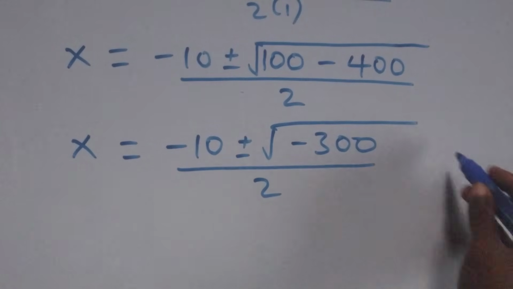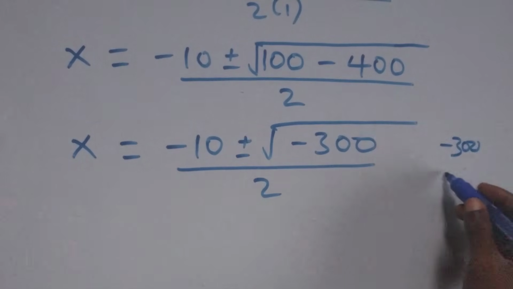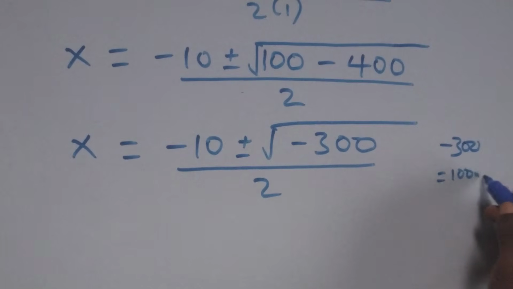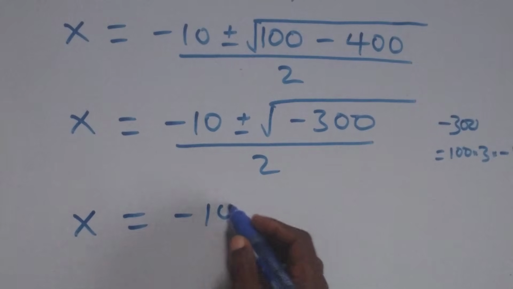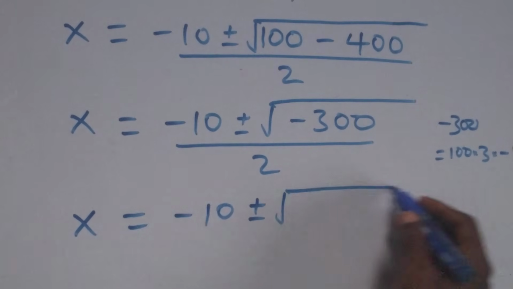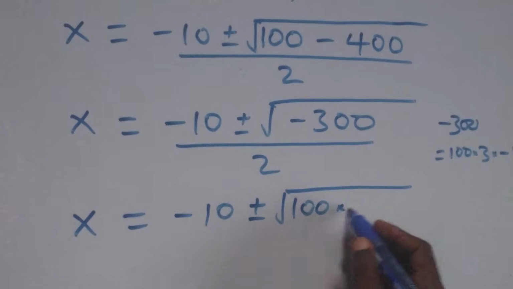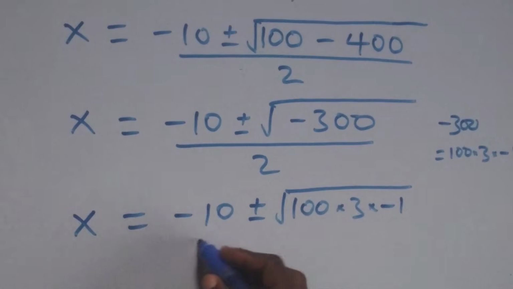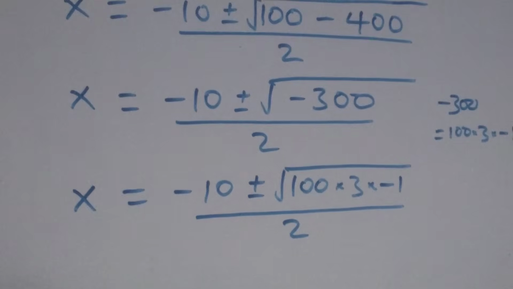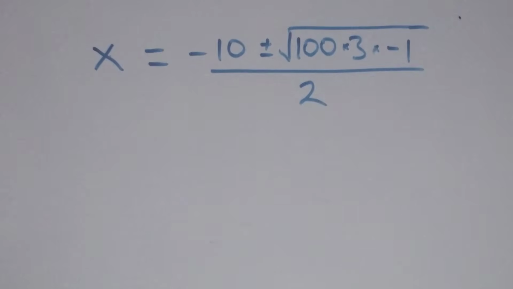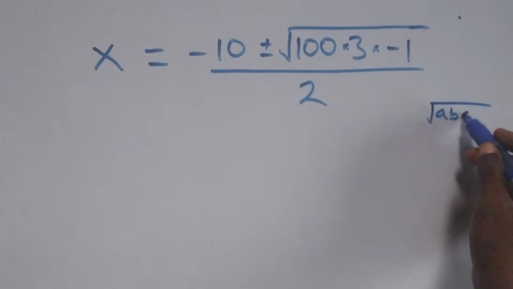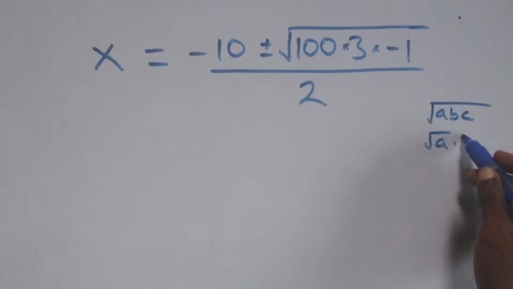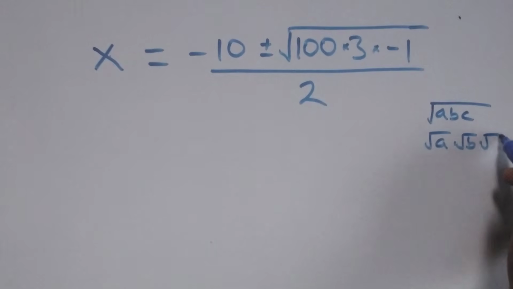That is minus 300. We can separate it, and this becomes 100 times 3 times minus 1. So what we have becomes x equals minus 10 plus or minus square root of 100 times 3 times minus 1, all over 2. When we separate this, root of a times b times c can be written as root a times root b times root c.